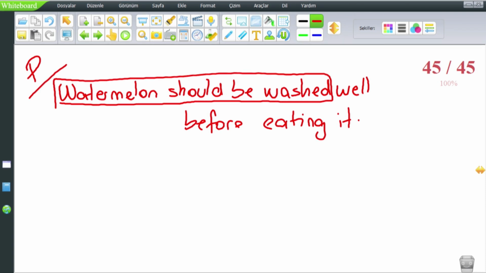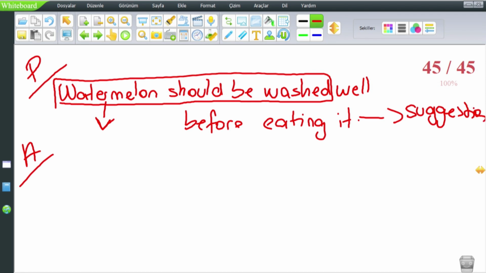I'm talking about something that someone actually should do, because watermelon cannot wash itself. And I'm giving a suggestion here. I used a modal verb right after my object, and then be verb 3 form. Since this is a regular verb, I only added ed.